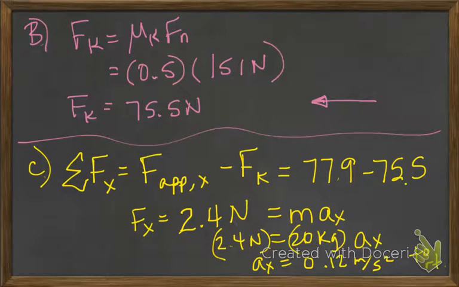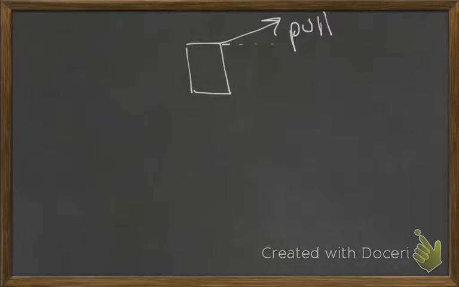Again, let me add something real quick to this. Keep in mind, because you will have some questions that go back and forth with this information. That was us talking about an object being pulled. Whenever you have an object being pulled like that, and in this case you can tell that it was at an angle, your normal force is going to be less than the force due to gravity.